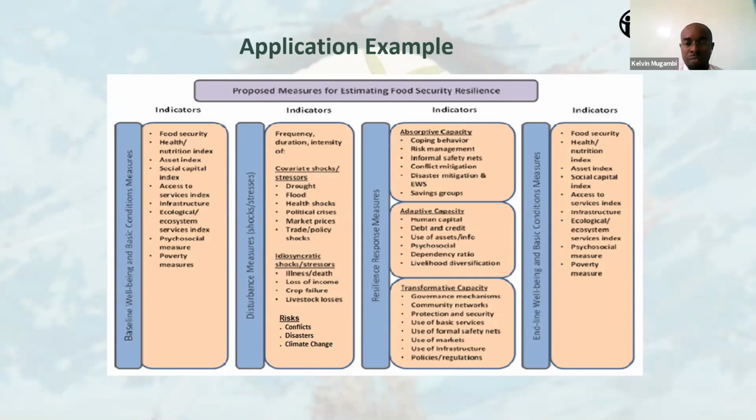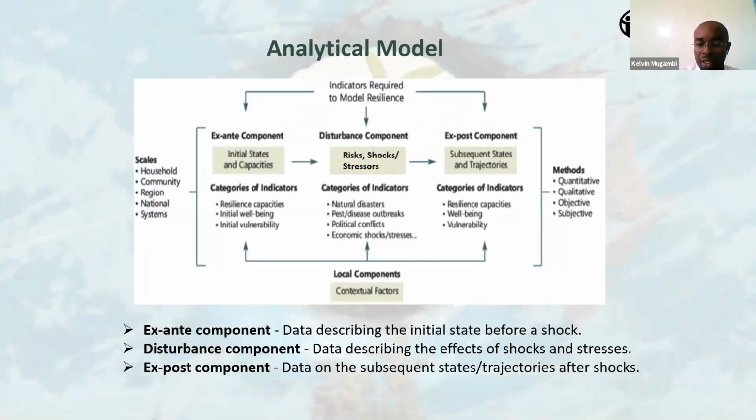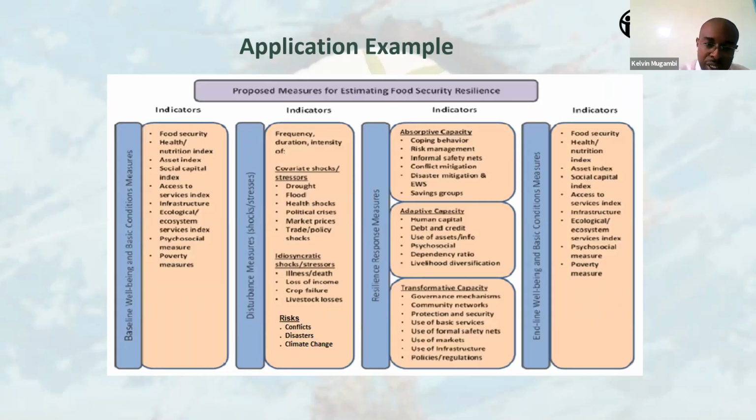Second is the disturbance measures. If you remember, taking you back to the second component, that is the disturbance component. Here we're going to look at measures that entail shocks, stress, as well as risks. Important to notice, we have to capture the frequency, the duration, and the intensity.